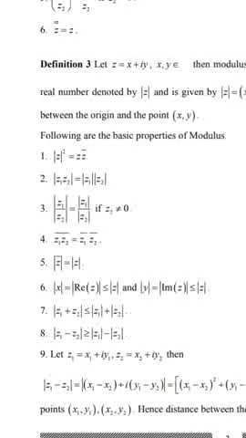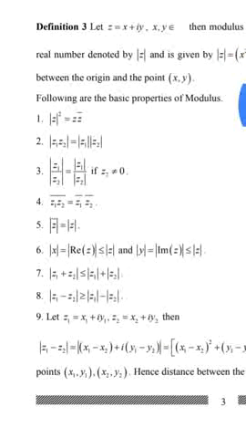Conjugate of z1 times z2 is equal to z1 conjugate times z2 conjugate. Modulus of z conjugate is equal to modulus of z.